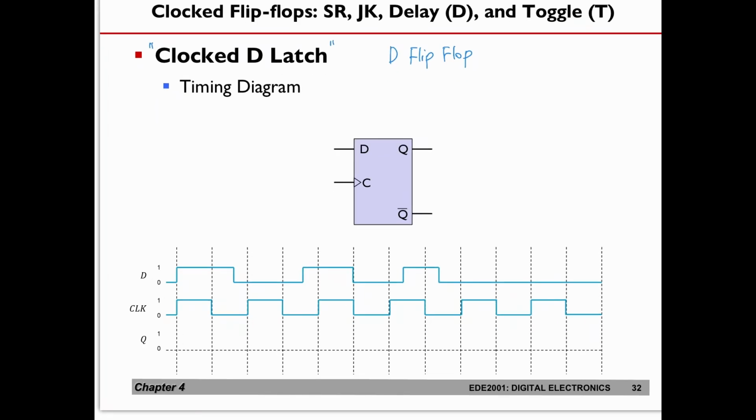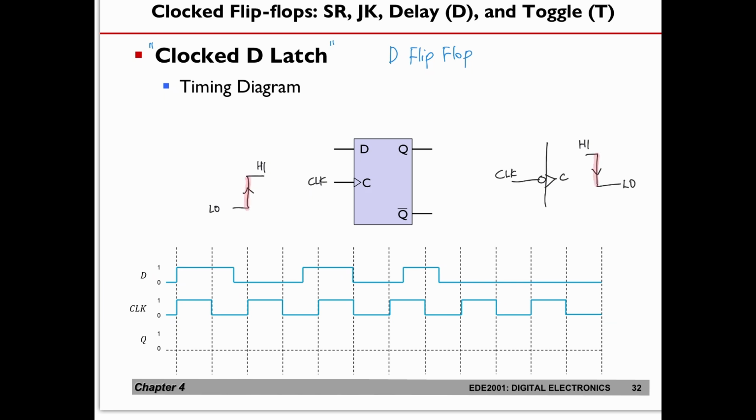Now, because this is clock edge triggered, and because there is no bubble here, that means this is triggered when the clock goes from low to high. If you have a bubble in front of the clock, you are going to have a high to low transition, and when there is a high to low transition, then your flip-flop is enabled.